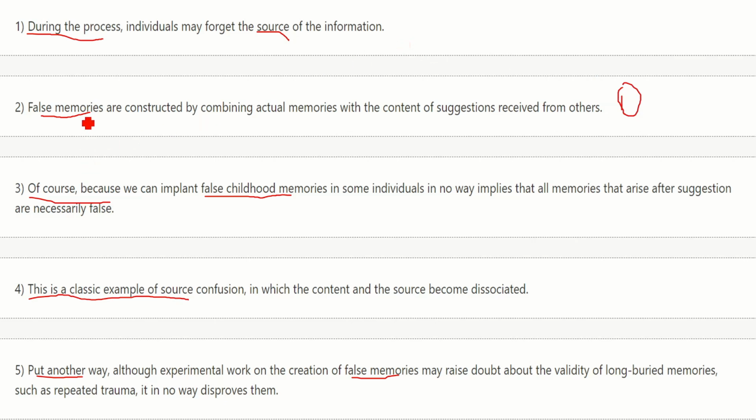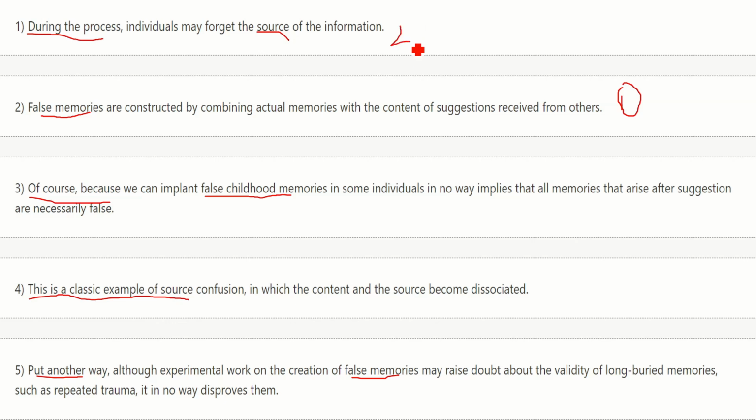Now this is the process, because false memories are constructed by combining actual memories with the content of suggestions received from others. Now this is the process because during the process individuals may forget the source of information, because in the third case it is implant false childhood memories, and this is the classic example, which cannot be the second, and put another way cannot be the second sentence.